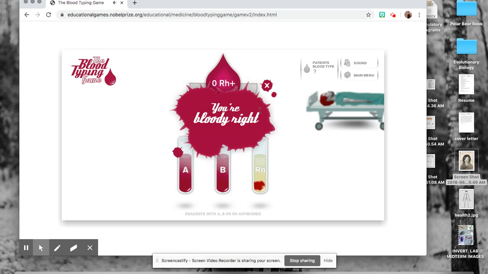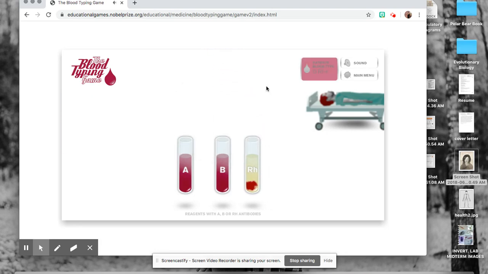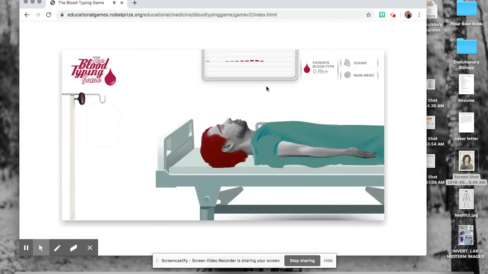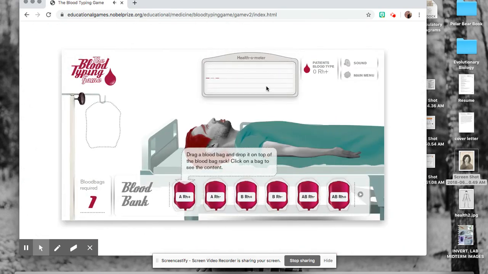Awesome. All right. So feel free to go ahead and try the transfusion. Now this is where you have to think backwards a little bit and think, okay, my blood type is O positive, and what kind of blood can my patient accept?